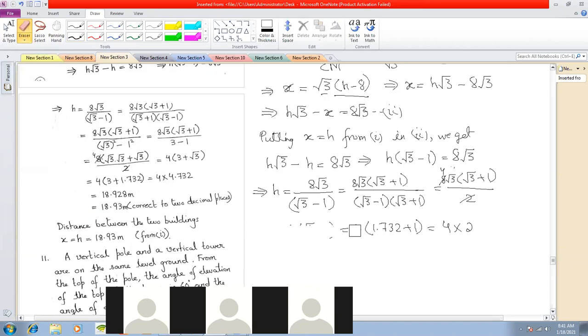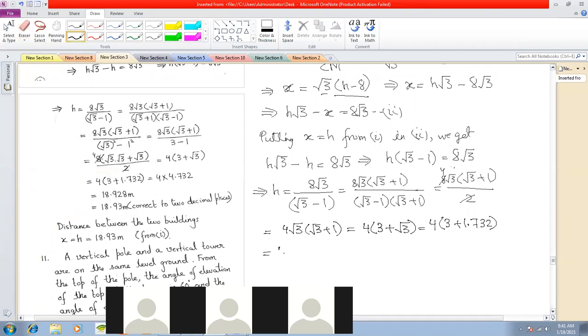So what you will get is h equal to 4 root 3 into (root 3 plus 1). Now you multiply with root 3 throughout. So you get 4 times (root 3 into root 3 is 3, plus root 3). Now you put the value of root 3, 1.732.